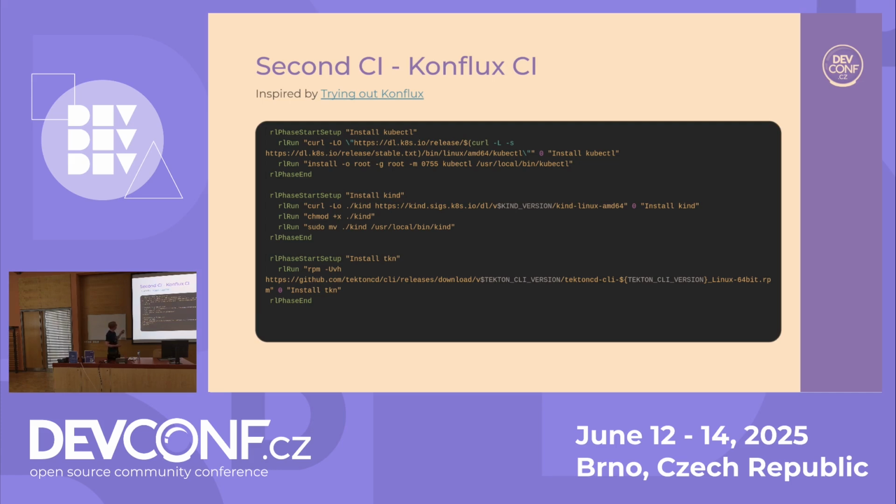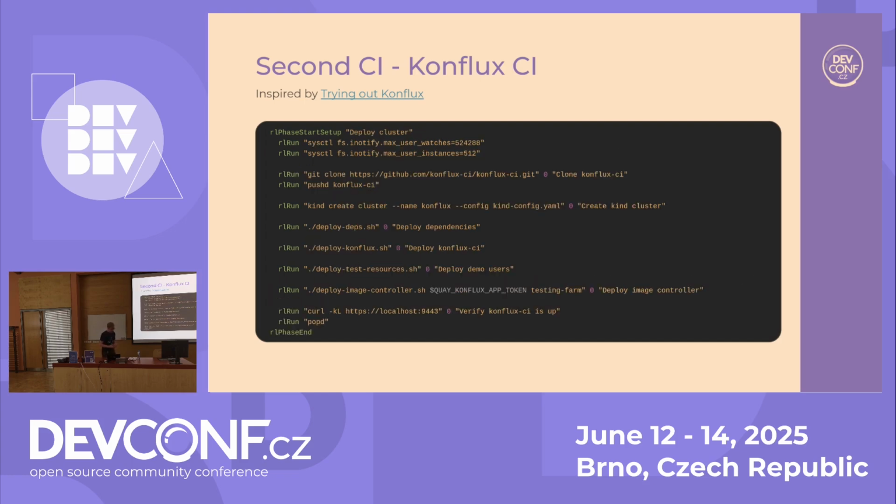So first things first, we need to install even more software, extra packages, which are missing from Fedora repositories. Weird, right? But yeah, we will need kubectl for configuring our cluster, kind for deploying our cluster, and Tekton to check the results of the integration pipeline runs.